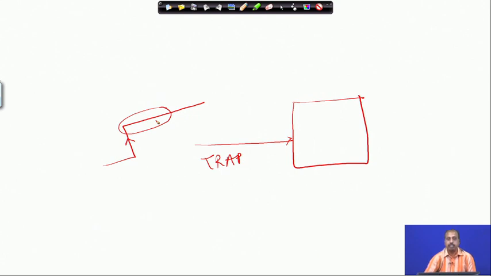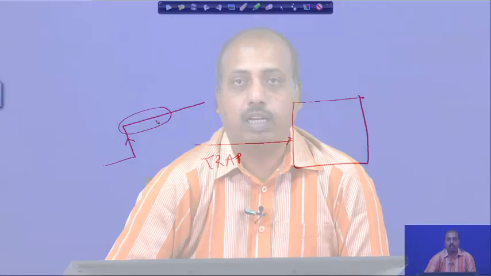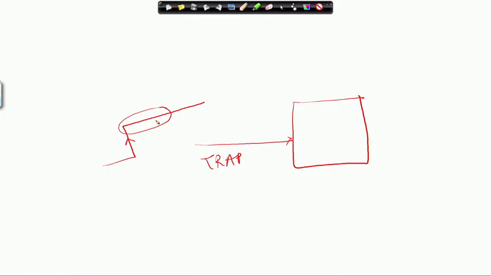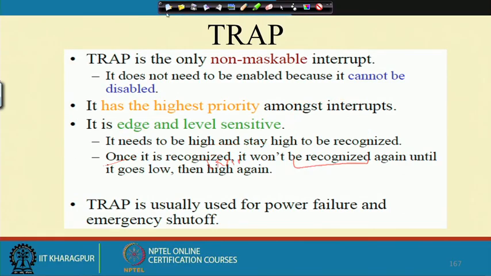So, this makes it slightly different compared to the simple edge sensitive and level sensitive interrupts. Level sensitive interrupts need to be turned on for quite some time, and edge means that any activity occurring will get sensed. Both of them have problems when you connect the power supply line to the interrupt pin.